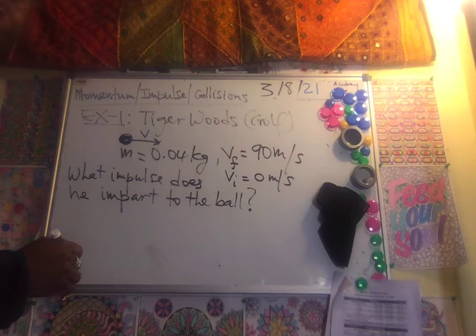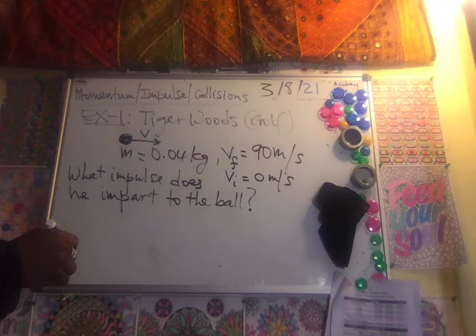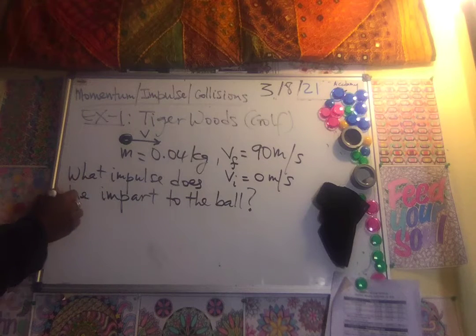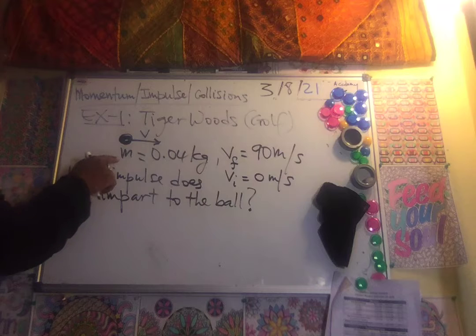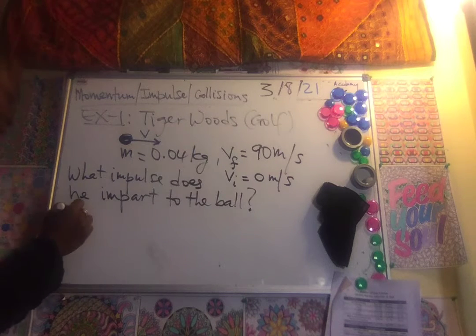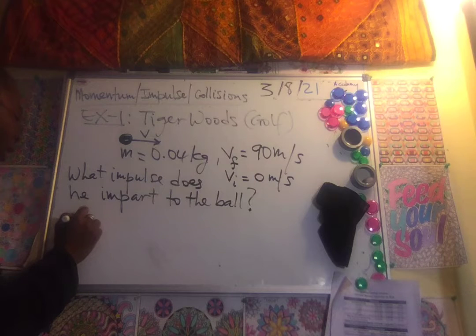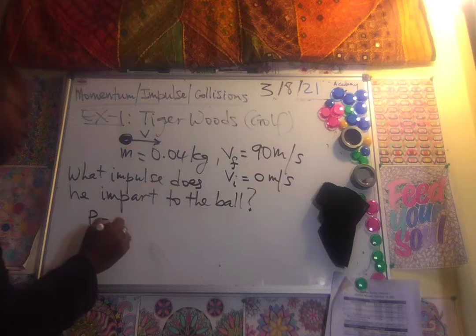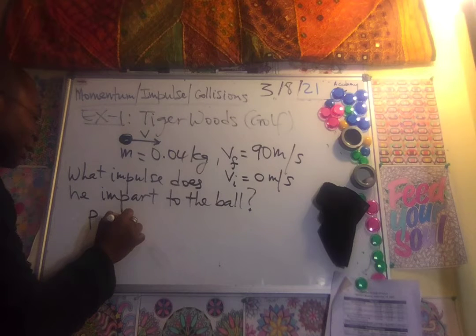the impulse, right? Which is basically like the momentum. So we say if the given is the mass and the velocity, then we know our momentum formula is the mass times the velocity.